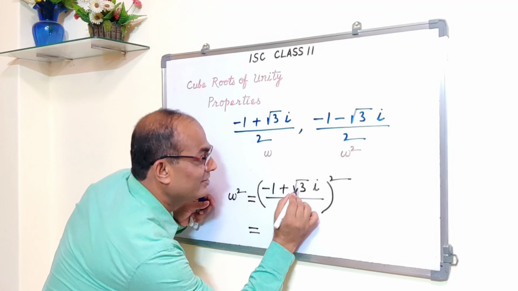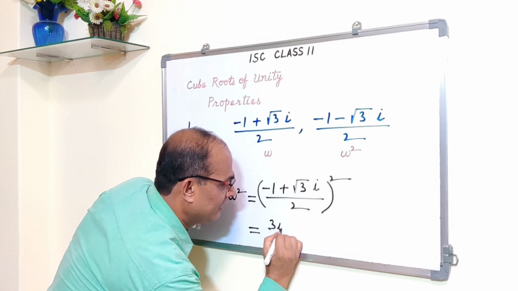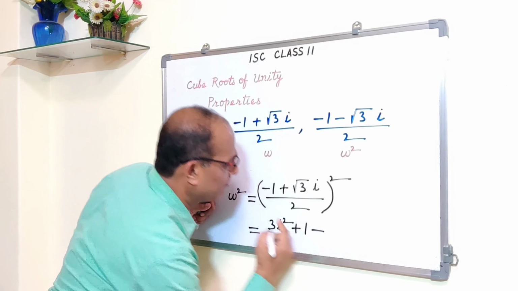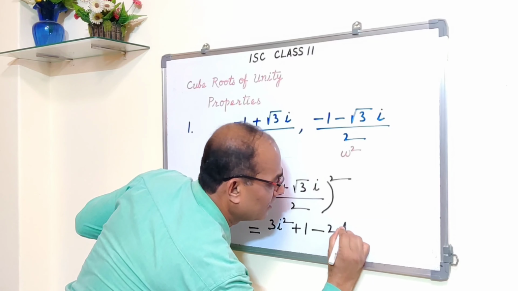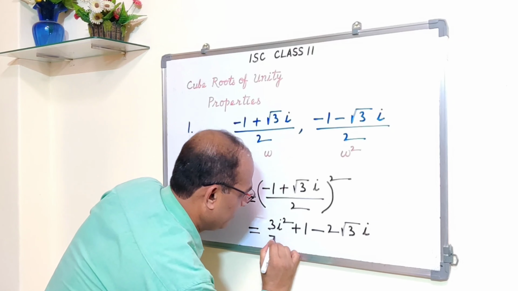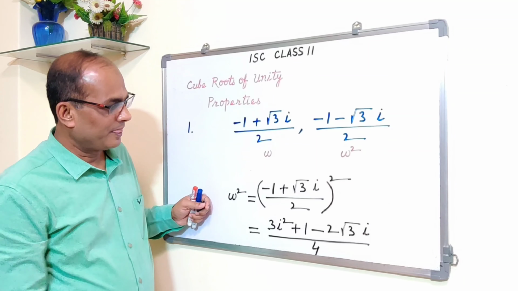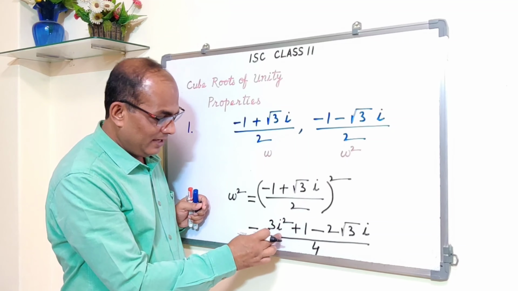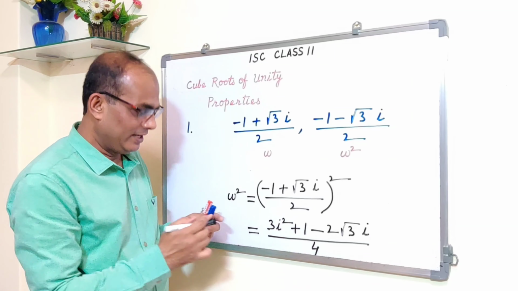So a square means 3 i square, plus b square, and minus 2ab, so minus 2 root 3 i, and whole divided by 4, since 2 square is 4. That formula you can mention.